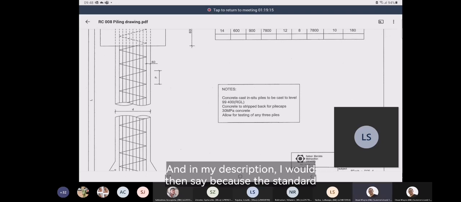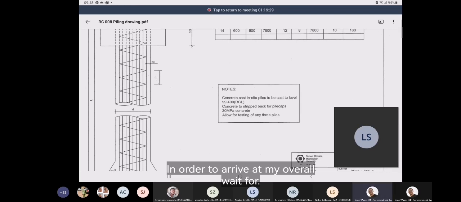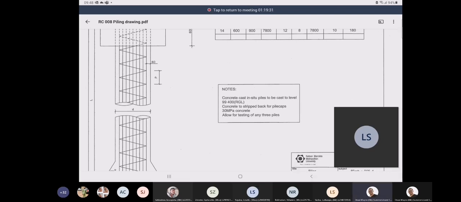And in my description, because the standard system tells me that it is measured in tons, I will then say times whatever the weight is per meter in order to arrive at my overall weight for the steel that goes into that 600 millimeter pile.